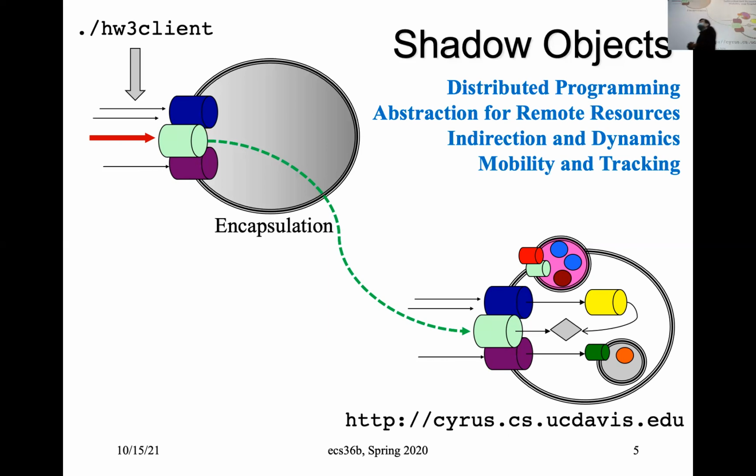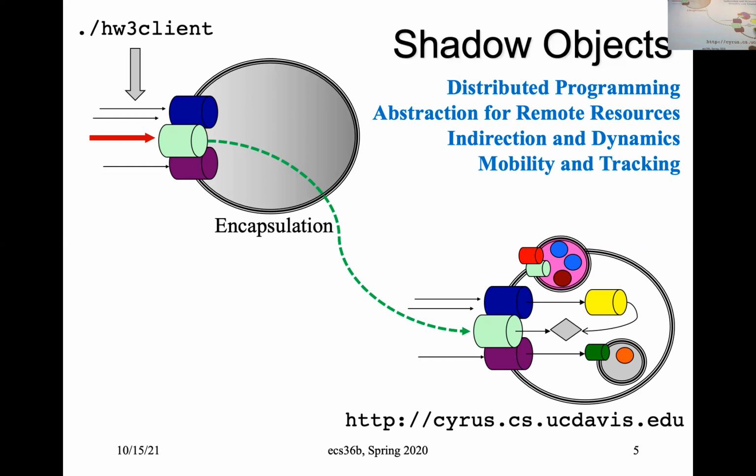So the shadow object comes with a few good uses. For example, it is good for distributed programming. It provides an abstraction for a lot of remote sensing or other kinds of resources. And also, because it's a shadow, you can change it dynamically.